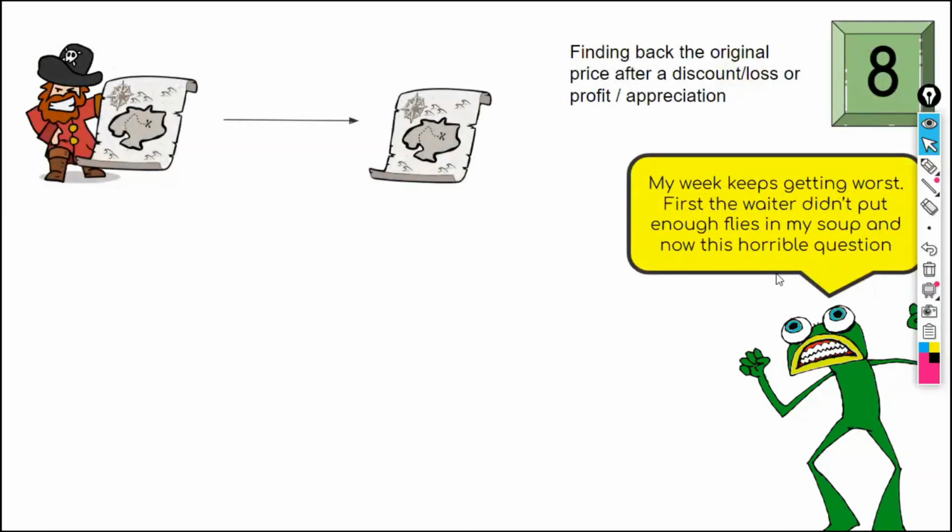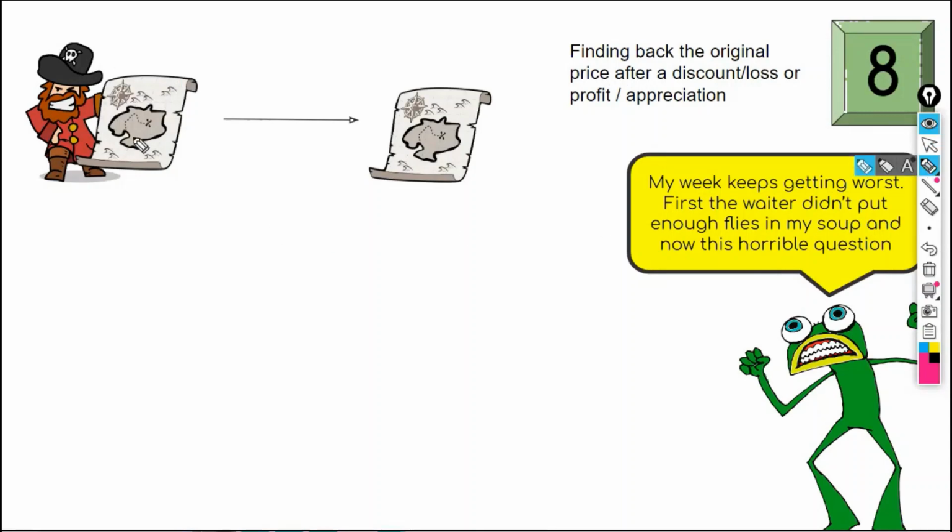Right, finding back the original price after a discount, loss, or profit or whatnot. If I have a map, so this pirate is selling you a map. Let's say this map is $120 and he plans to sell it to you, but he plans to make a profit, right?